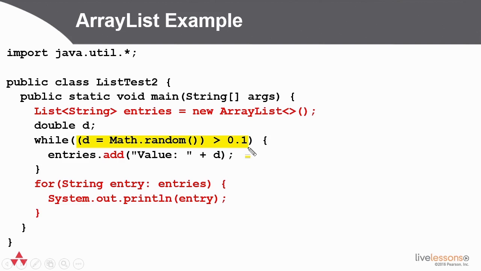If Math.random, which returns a number between 0 and 1, is greater than 0.1, keep going, otherwise stop. So 90% of the time I keep going, 10% of the time I stop, but I don't know how many times I'll succeed. It might succeed 0 times, it might succeed 1,000 times. So even after I've added a few entries, I don't know how many more. That's the time to use a list. If you can figure out how big it is ahead of time, you can use an array instead.